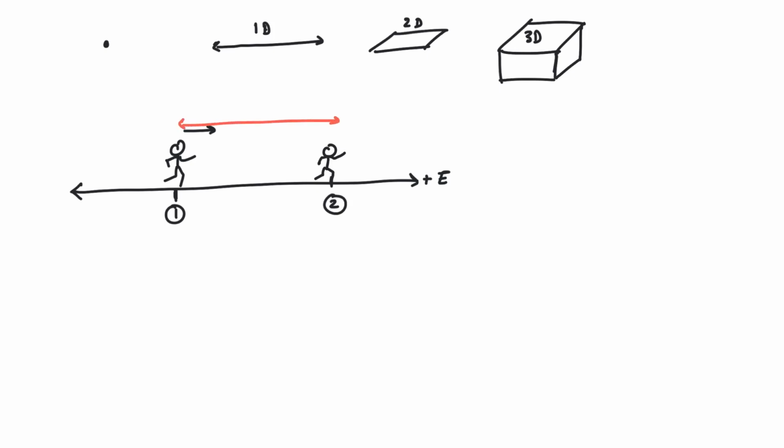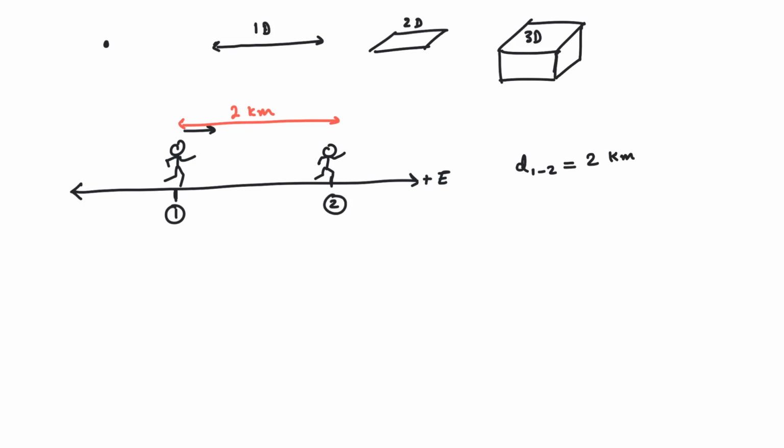Let's say this distance over here was 2 kilometers. So now we can say that this person has moved from position 1 to 2, or their distance from location 1 to location 2 is 2 kilometers.